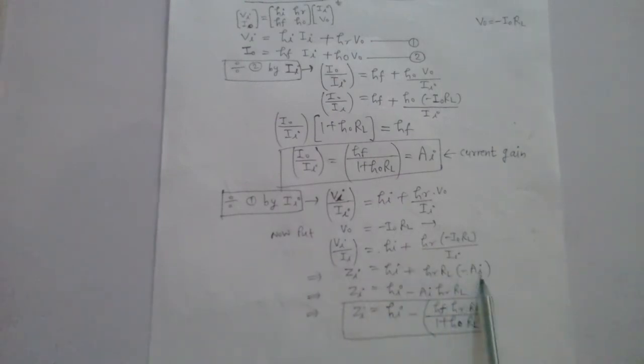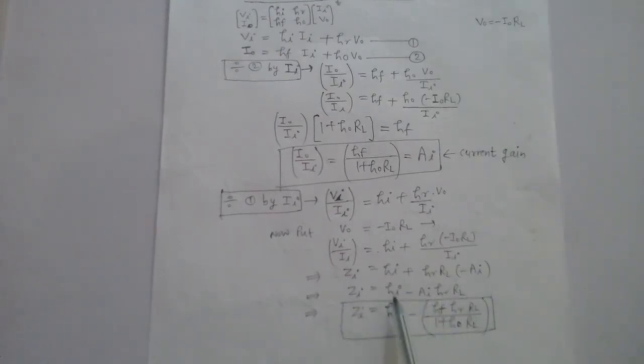So in place of IO by II you can put AI. Here you will see one negative sign, so put a negative sign here. So finally you will get ZI is equal to HI minus AI HR RL.